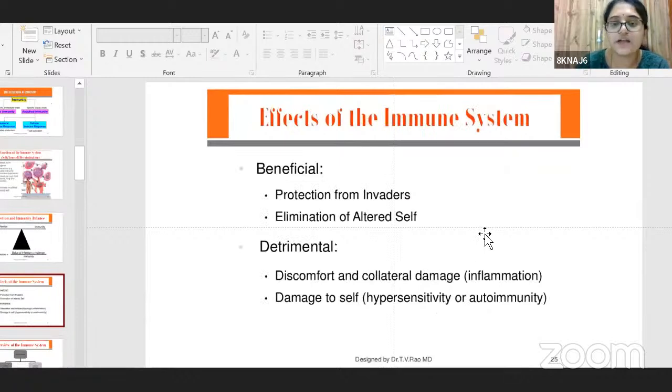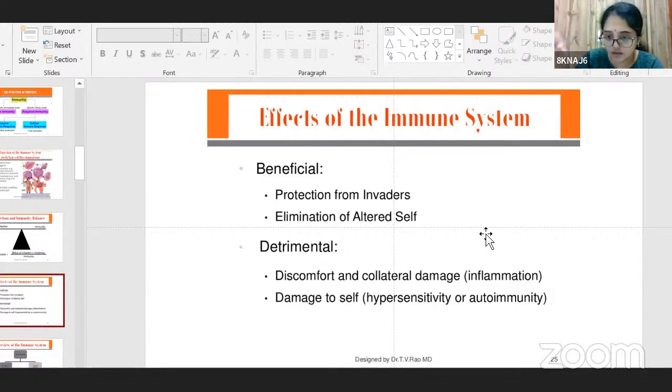So what are the effects of the immune system? How is it beneficial for us? You get to see that we have protection from the invaders, and also you have this altered self elimination. That is, if at all there are any kind of tumor cells that are being formed in the beginning itself, this altered self is recognized.